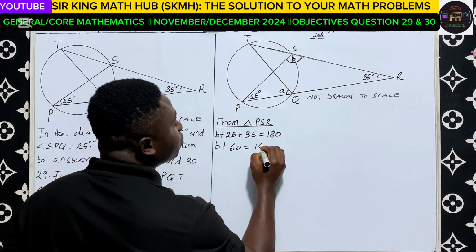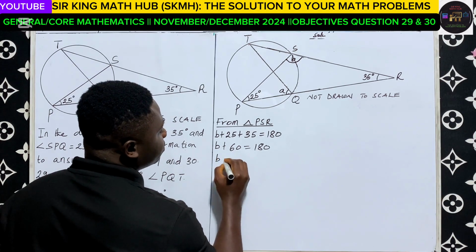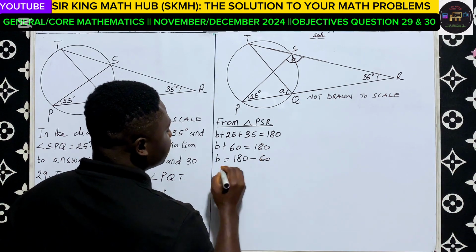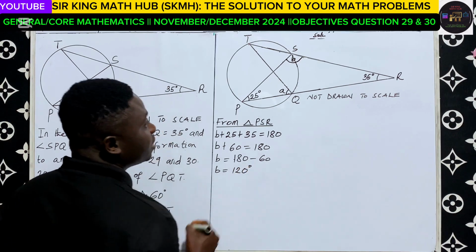Let's make B the subject: B is equal to 180 minus 60. So B is 120 degrees.